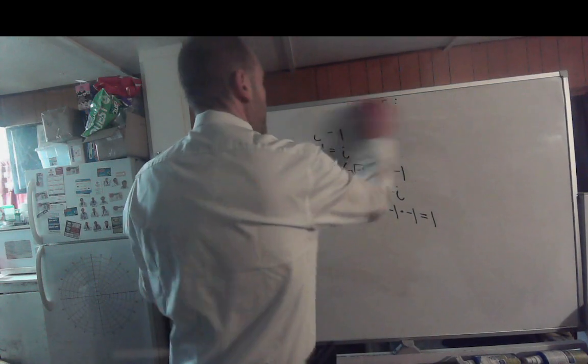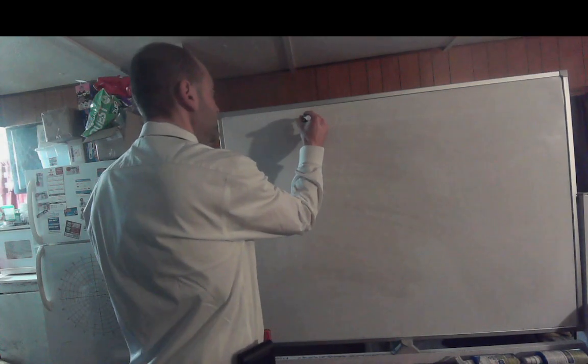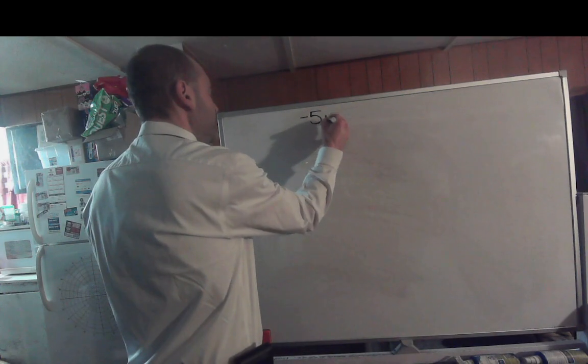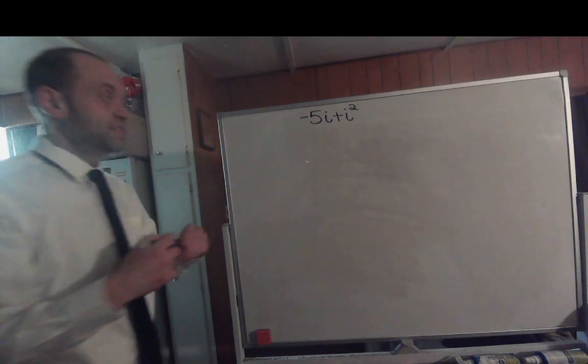Alright, so having done all that, you can also multiply and divide imaginary numbers. So let's say I have negative 5i plus i squared. We want to write this in standard form.